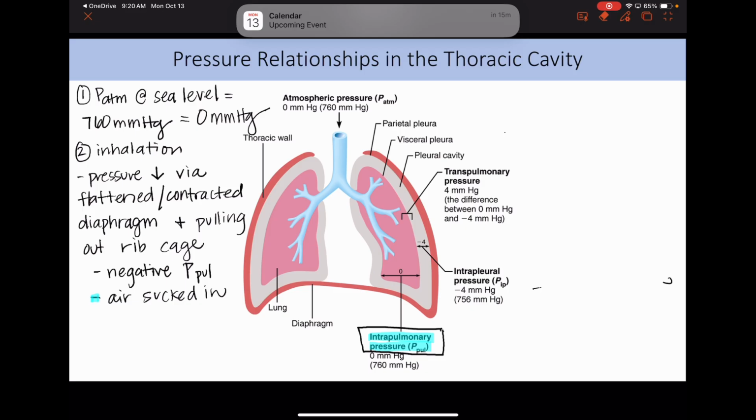It's a split second sooner. Air will not move unless it's moving in response to pressure. There has to be something driving that air in one way or another. And the only way that air is allowed to move in is when that drop in pressure happens because of the opening of the space.